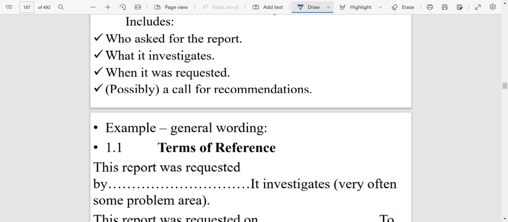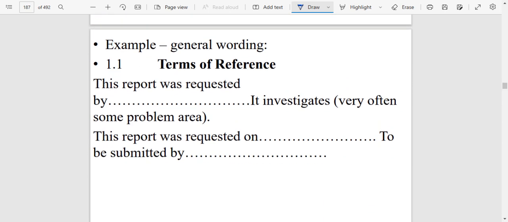So those are called terms of reference. So these are some things that a report should include. Okay, the terms of reference, that is the instruction on which the report has been written. So for example, a general wording for terms of reference, you will say this report was requested by, and you say the one who requested.